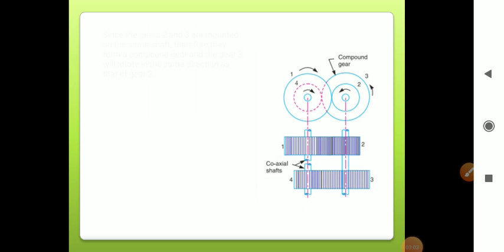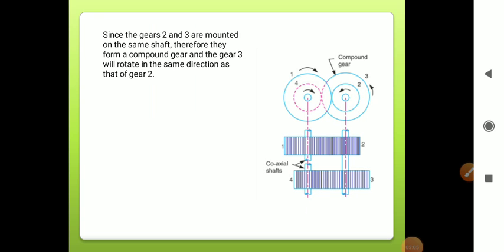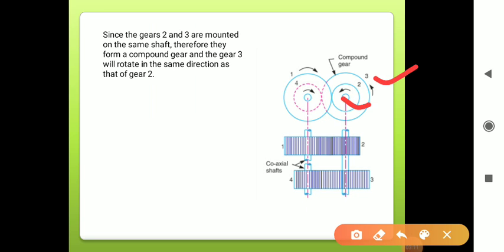Now see here, since gear 2 and gear 3 are mounted on the same shaft, they form a compound gear, and gear 3 will be rotated in the same direction as gear 2.